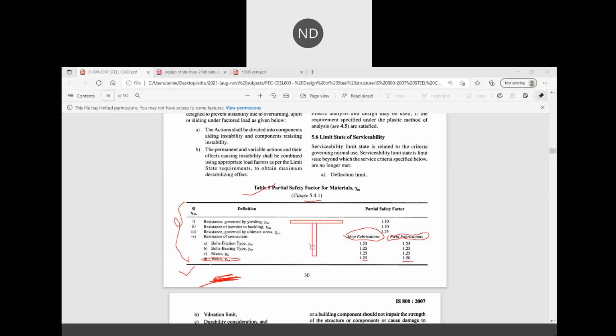You have to join these two. Now you are thinking that you will be joining them with the help of fillet welds. When you are joining with a fillet weld, it will be looking like this.